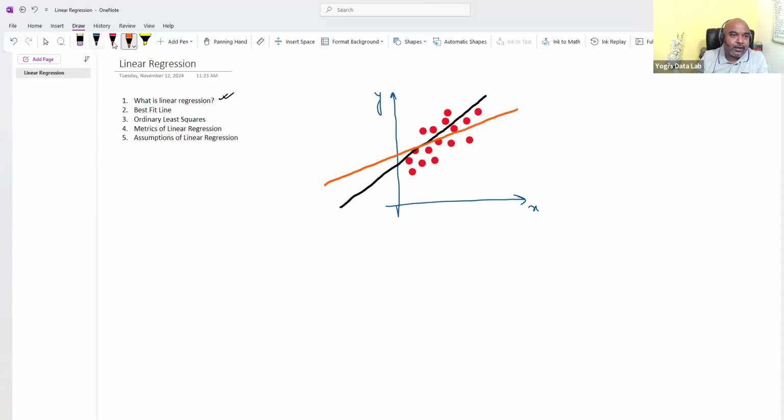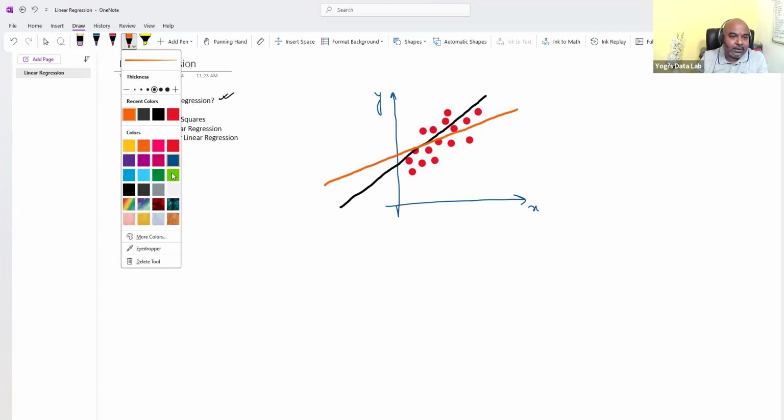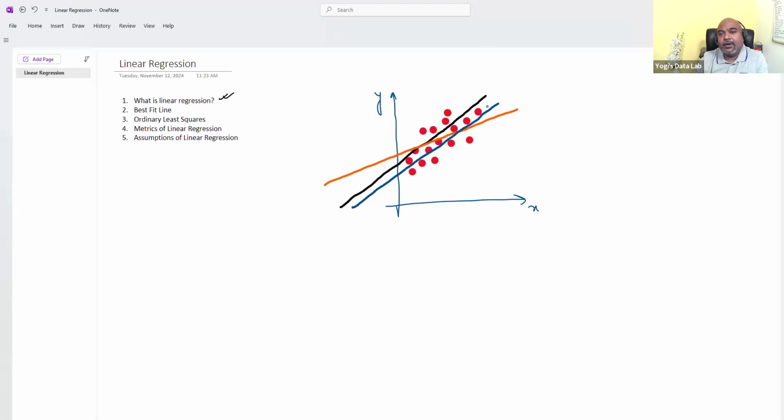And someone can draw it in a different color, let's say this blue line. So how do you identify which one of these lines is the best line for your prediction? That identification of which line is the best line is done using OLS method, or the ordinary least squares.